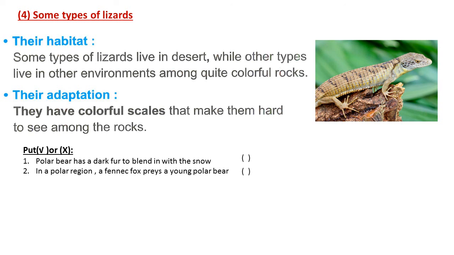No. The answer will be wrong. It has white fur, the same color as the snow. So the answer is wrong. Number 2: in a polar region, a fennec fox preys on a young polar bear. Of course not, because the fennec fox doesn't live with the polar bear. Thank you.